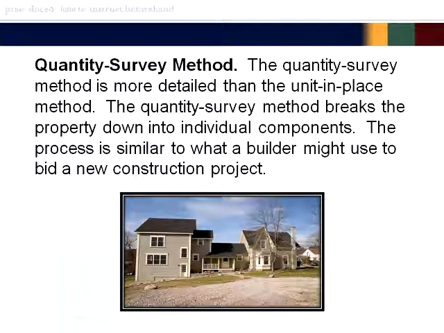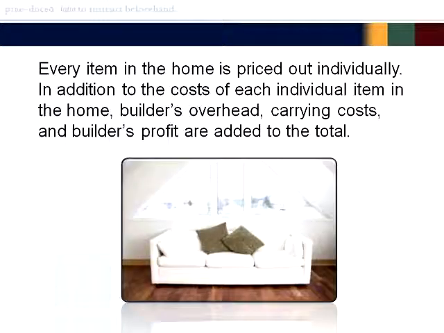Quantity survey method. The quantity survey method is more detailed than the unit in place method. The quantity survey method breaks the property down into individual components. The process is similar to what a builder might use to bid a new construction project. Every item in the home is priced out individually.